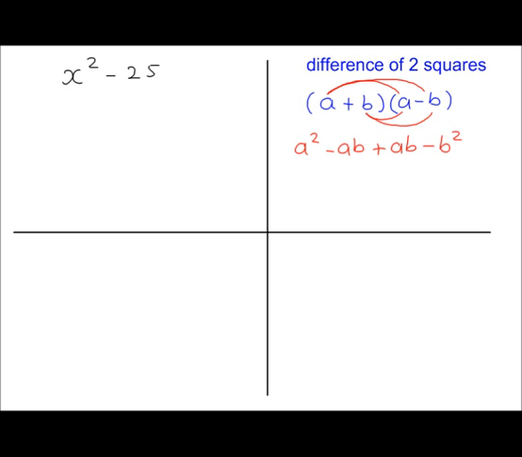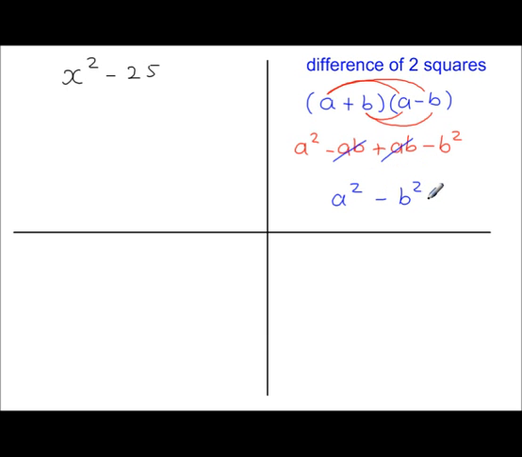And as you can see, the minus ab and the plus ab terms cancel out, leaving you with a squared minus b squared. So you've got a squared term here, you've got a squared term here, and that minus in between is a difference, the difference between them. Hence, the difference of two squares.